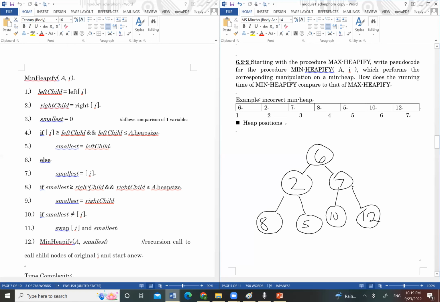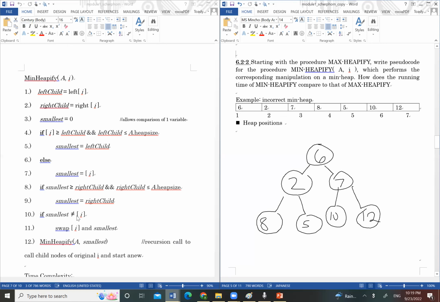So if smallest is greater than the right child, because we want the smallest to be present, then the smallest will now be the right child. So the right child will be assigned to smallest. Now this is where we compare smallest with i. This is the final step.